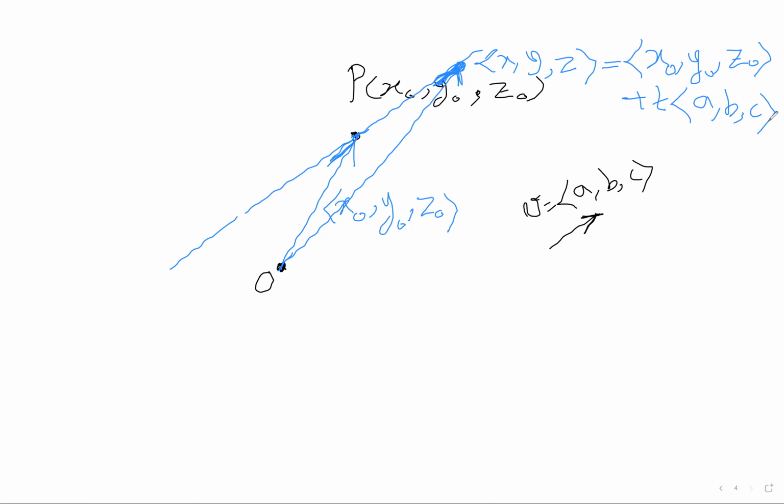Be careful that when t is positive, I get a point which, in this picture, is on the right side from the angle we are looking at. It will be on the right side of P. And if t is negative, it will be the other way. So here in this picture, the point that we found corresponds to some positive t.